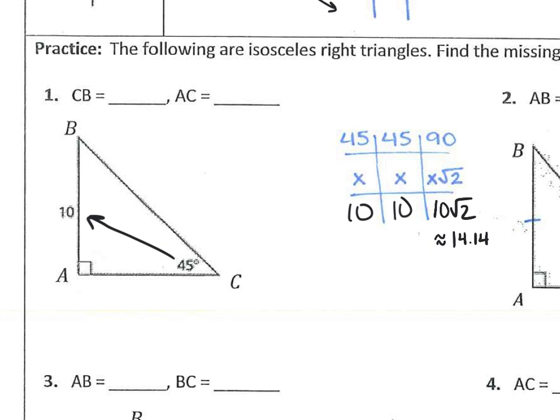So to answer the actual question here, it asks me, what is CB? Okay, CB is this right here. Which side length is that? That's the 90, which means we're going to answer that this is 10 square root of 2.